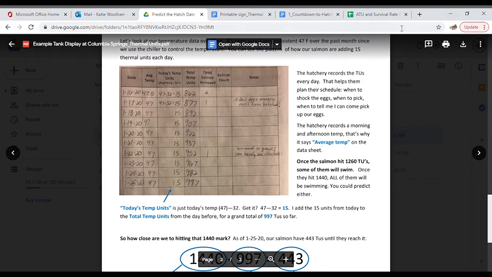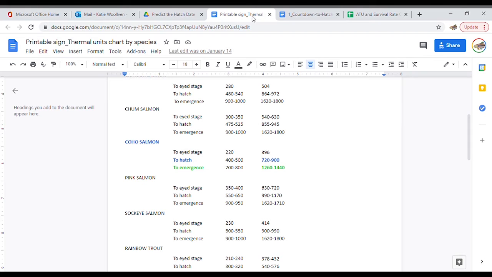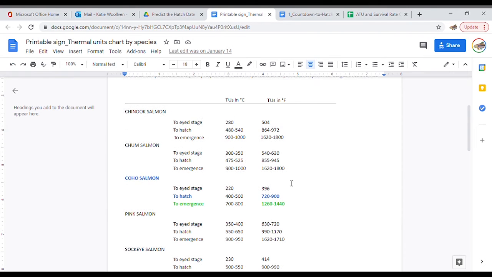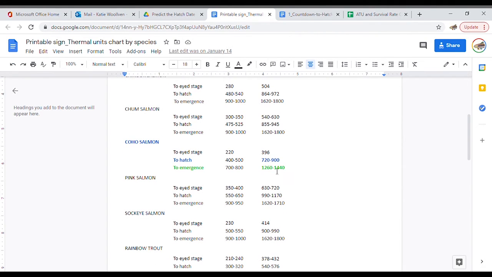So again, remember that coho salmon will emerge or start swimming in the range of 1,260 to 1,440 temperature units, and that's if we're measuring in Fahrenheit. Okay, so kind of the upper range when we expect that all of the coho will be swimming around in the water column will be at 1,440 temperature units.